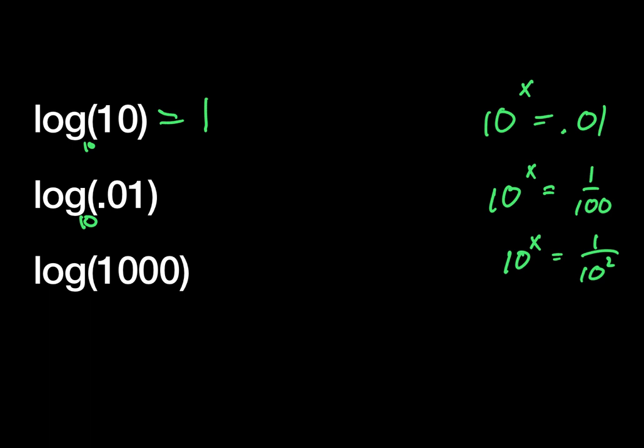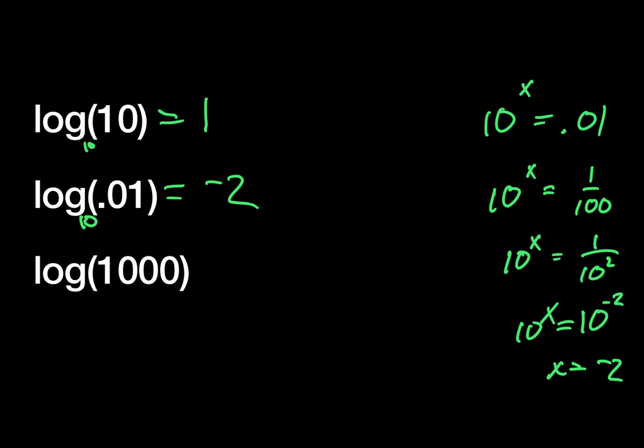So how do I go from 10 to an x power to 10 to this power? Well, my x would now have to be in the denominator. And whenever you flip sides of the denominator, the right side would be 10 to the negative 2 is equal to 10 to the x. So my x would be -2. And if you plug it into your calculator, it would give you the answer of -2.